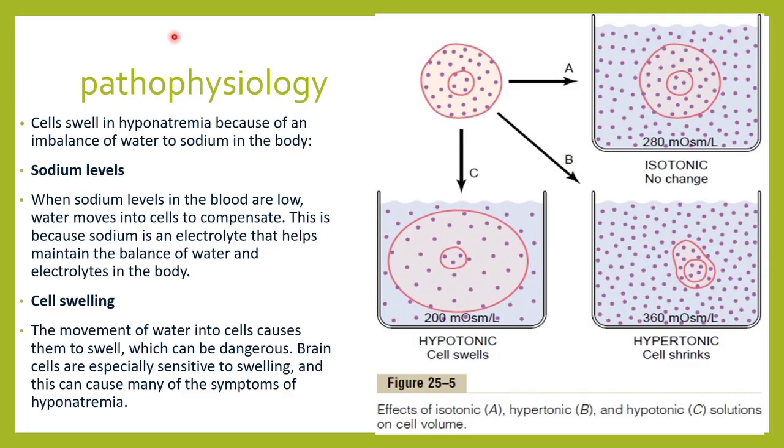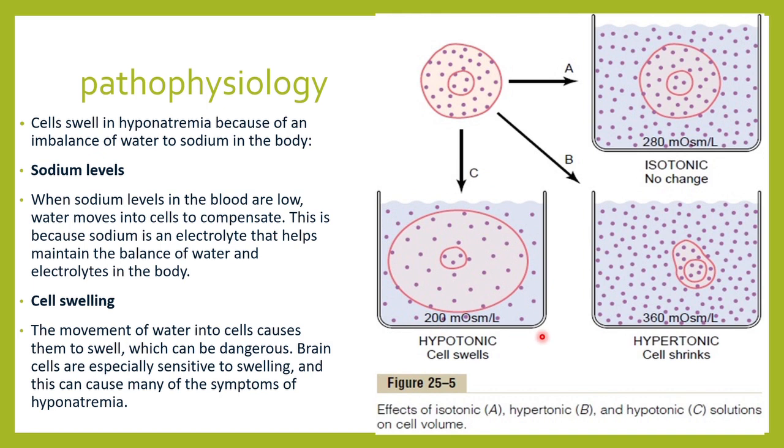The main thing I have told you in the pathophysiology of hyponatremia is that the cells swell. The cells are swollen in hyponatremia because of the imbalance of water and sodium in the body. Sodium levels will be very low.